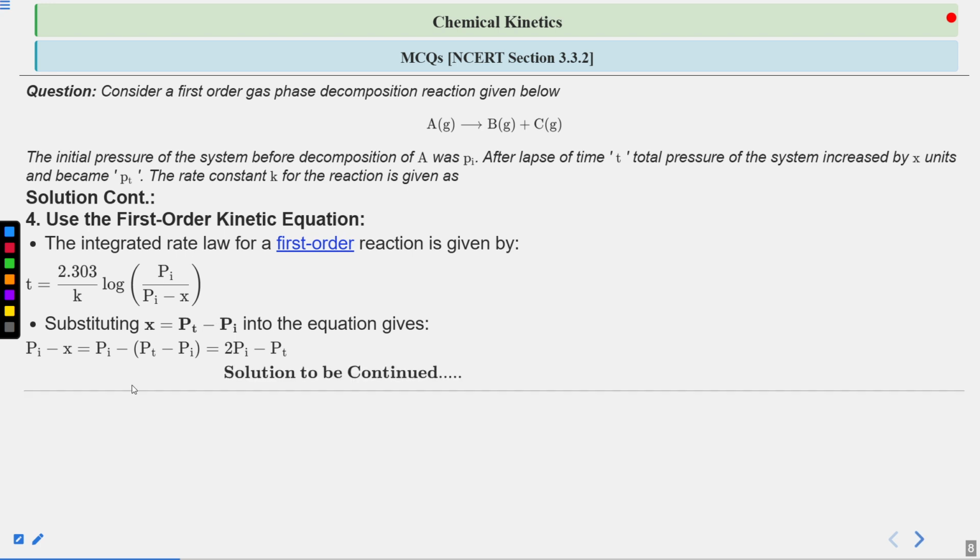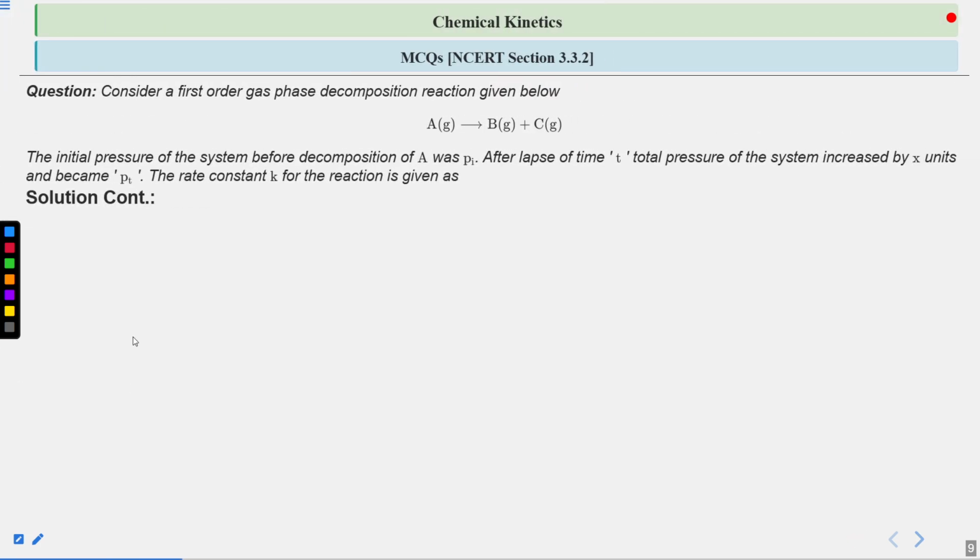Now, rearranging for the rate constant k. We have to identify how to rearrange that equation for the rate constant k. We got the x value and put it into the denominator of the log, which is p initial minus x, so the variable will cancel out.